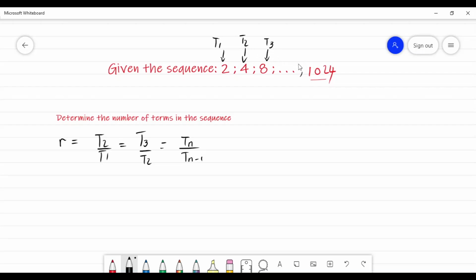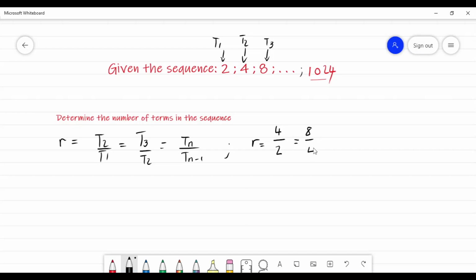So we're calculating the common ratio. R is equal to, what is my T2? It is 4. What is my T1? It is 2. That should be equal to T3, which is 8, over my T2, which is 4.